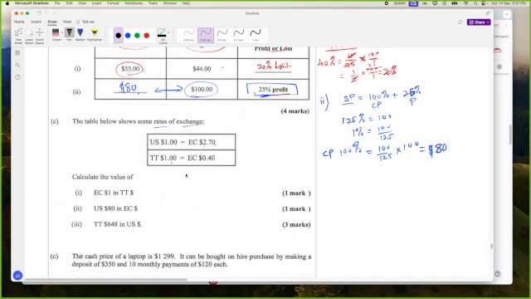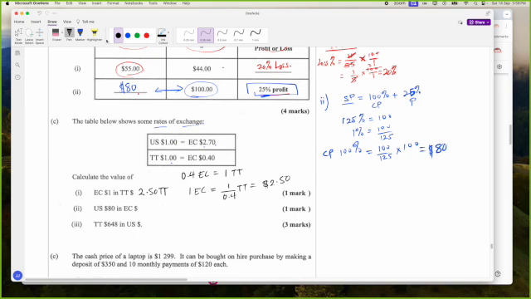So if 0.4 EC is 1 TT, then 1 EC will be 1 divided by 0.4 TT, which is $2.50. So this first one here will be $2.50 TT.